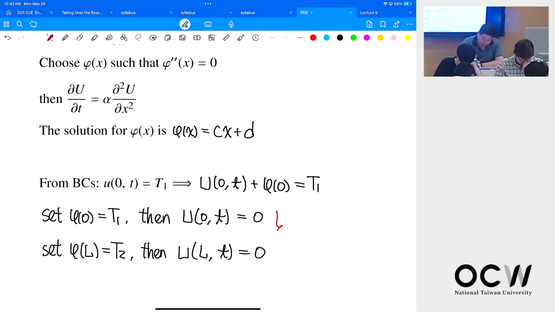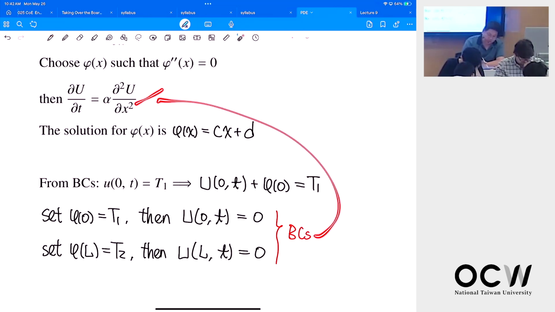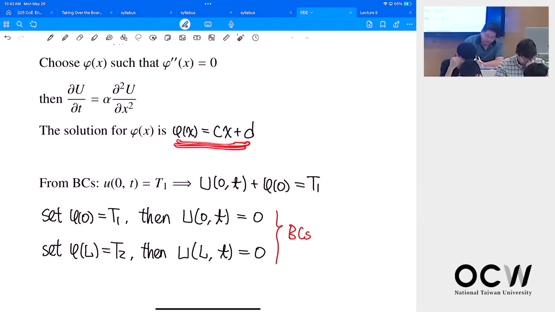That is our new boundary conditions for U. Remember that we find a solution for phi of x with these two additional terms as their boundary conditions.